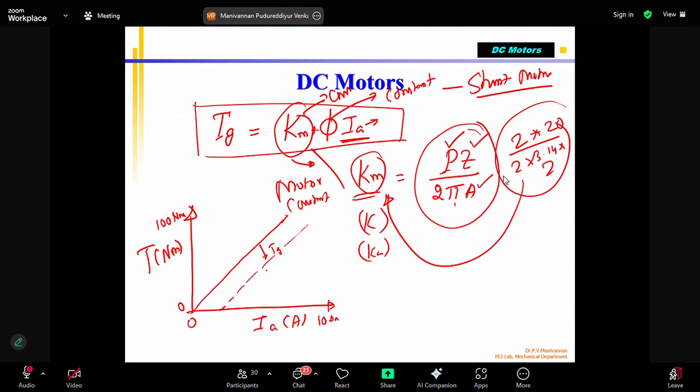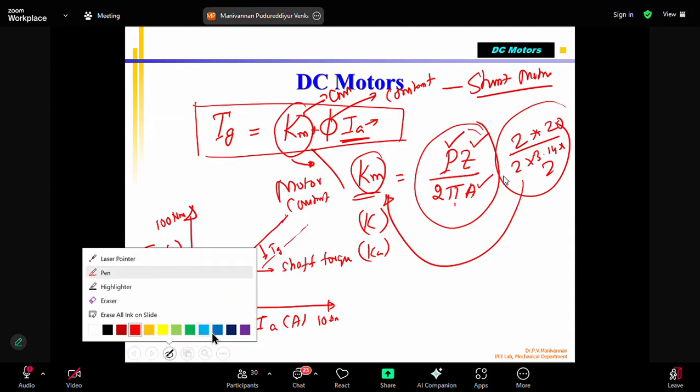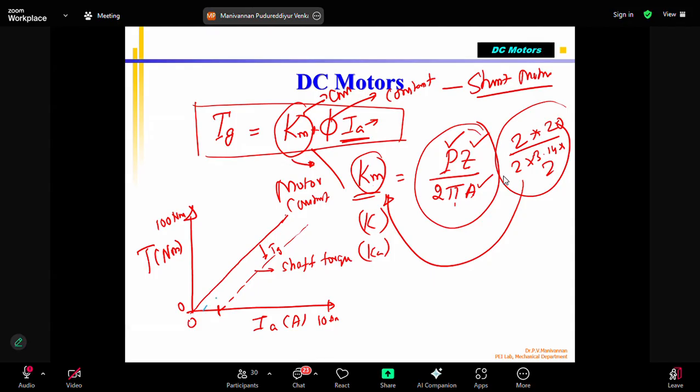This is called the shaft torque. Please see that this may be a little exaggerated. It can be something like this also, depending upon the motor, the mass and size of the armature, bearing friction, all those things.